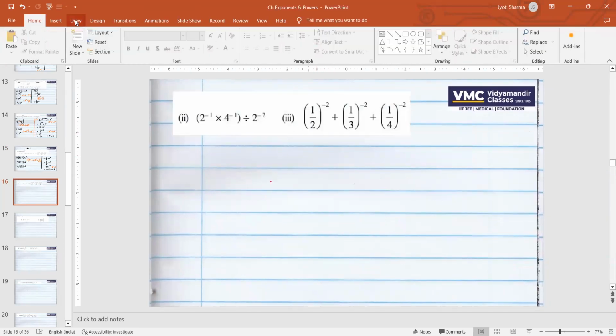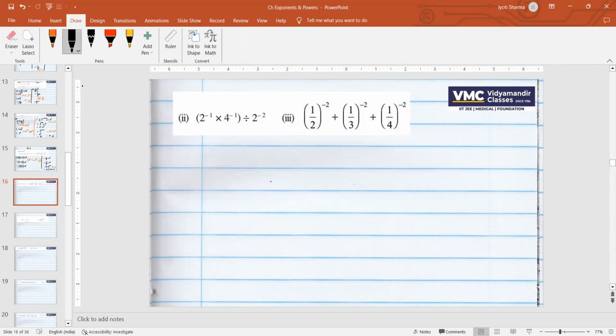So here is the second part in which you have minus 2 raised to the power 1. Here 4 is equal to 2 square. So by using that, everything is now in the base of 2.